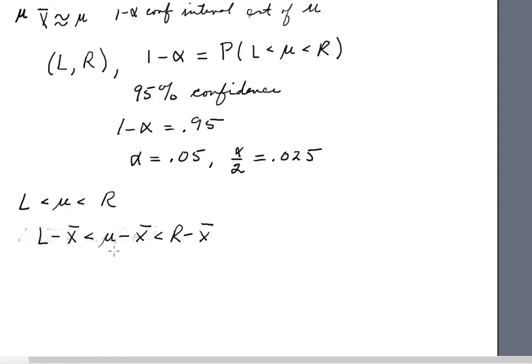What have I done here? Well, I've just subtracted the same thing from each term of that inequality, and we know from a college algebra course that we've taken that that's perfectly permissible.